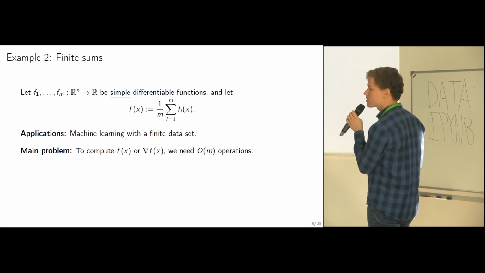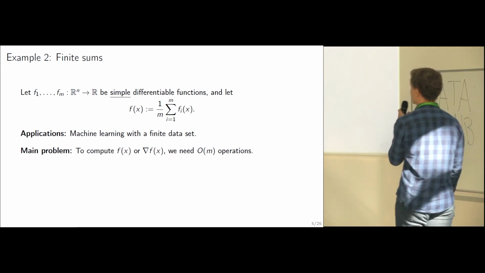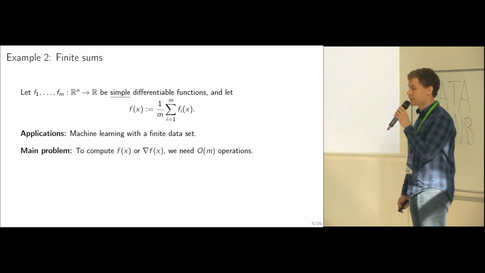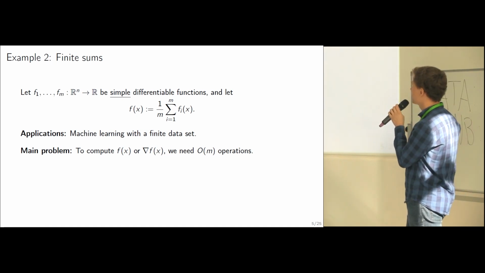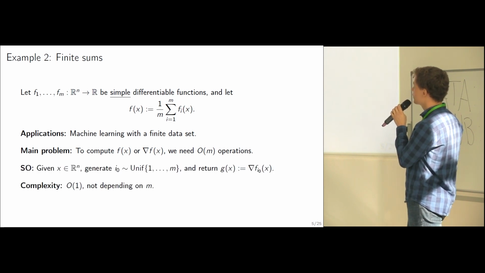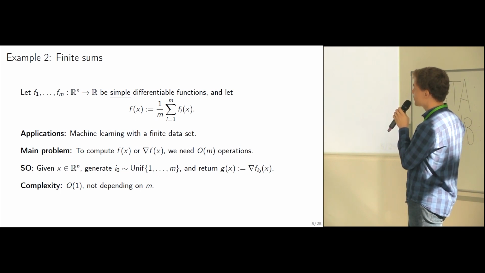So suppose that the data set is so big, for example, that we are not able to compute this function even once. And this is actually possible. This is actually the case in some situations. However, again, for this problem, we can build a simple stochastic oracle. And this stochastic oracle works as follows. Given some point x, it generates a random index uniformly and returns the gradient of one of these functions.